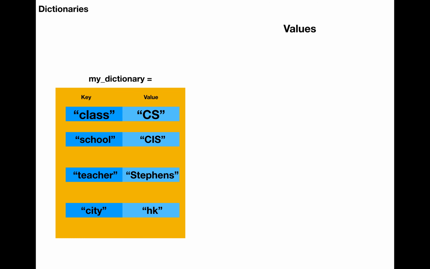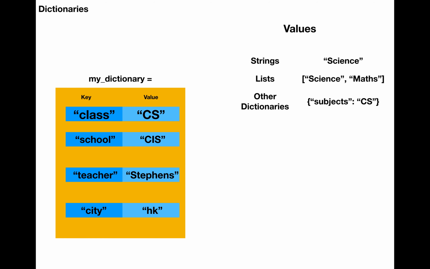There are different values or types that we could put in the value. So we don't just have to stick with strings, even though we can use strings, but we can also use lists as a value. We could use other dictionaries as a value. We could use integers as a value.